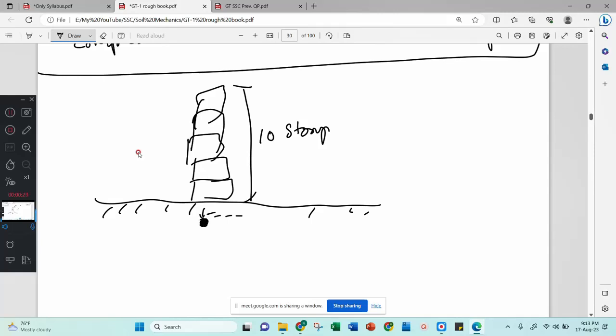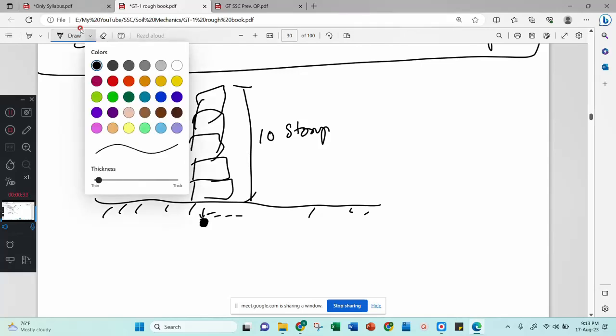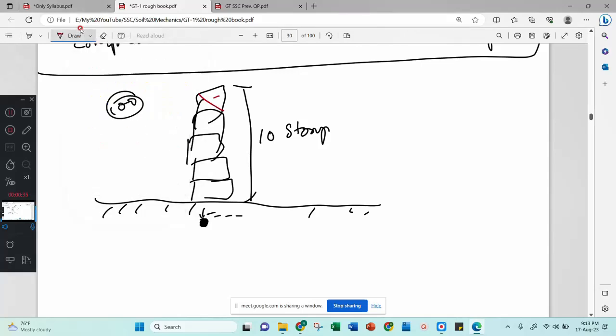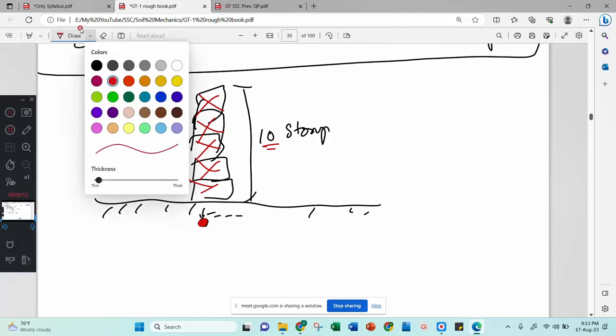Then suddenly after 100 years, you will come to know that the building is not stable. Then you will collapse it. When you collapse it, then again study this point of soil, the soil is experiencing unloading. Then after your grandchildren, they are very rich, they will construct a big building on that.